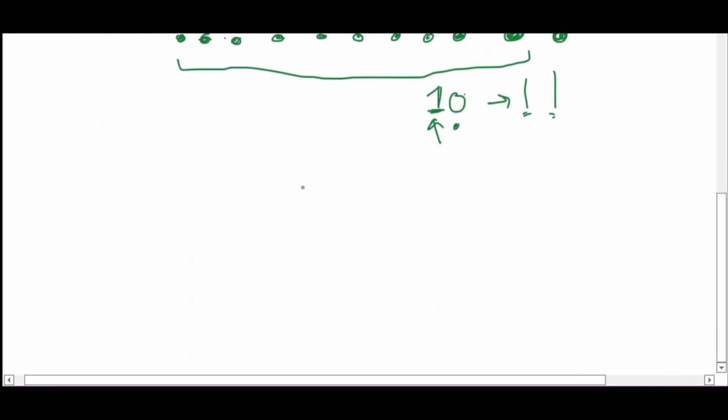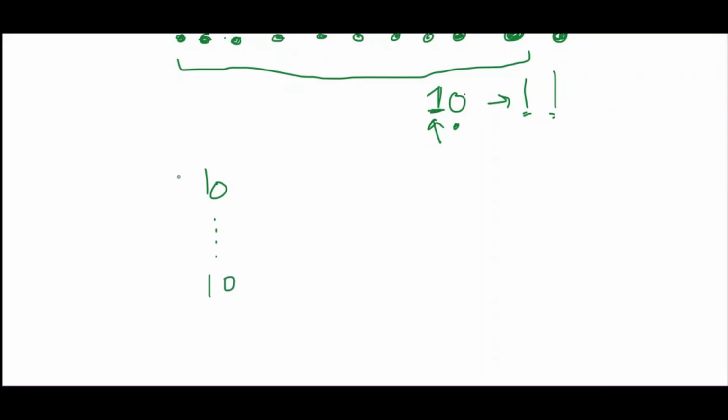If I have 10 groups of 10, I will write this whole thing as 100, which represents that I have three levels. I have no single ones, no single group of 10, but I have a group of tens that each has a 10.